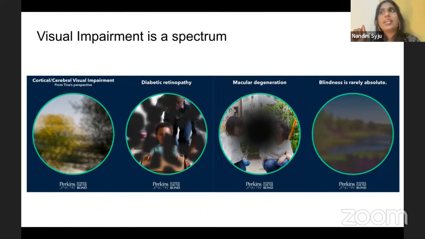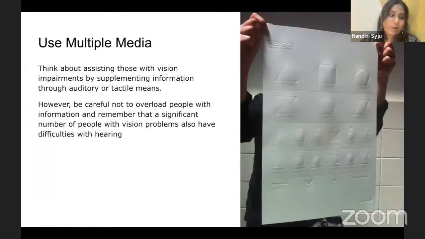But how do we make it accessible for a broader spectrum, right? How do we break the language barrier? How can we intuitively say that this is the first floor, second floor, third floor? At least in a building where there's just 6 floors, do we really need to go with Braille? Can we just have one block, 2 blocks, three little squares? These are things that you can think of as a designer. Let's move on to the next part.